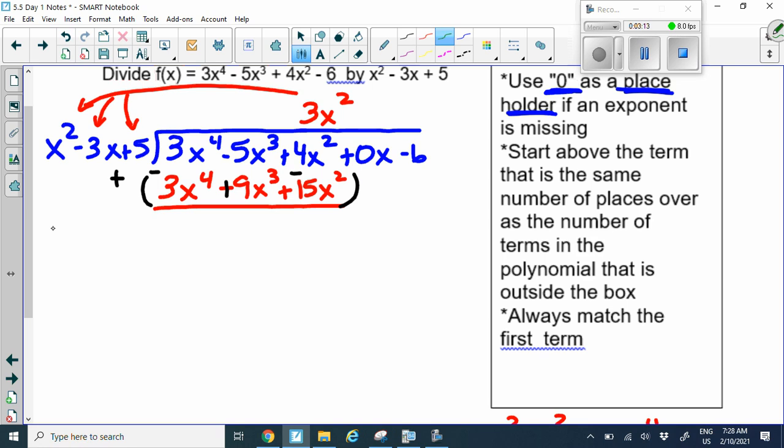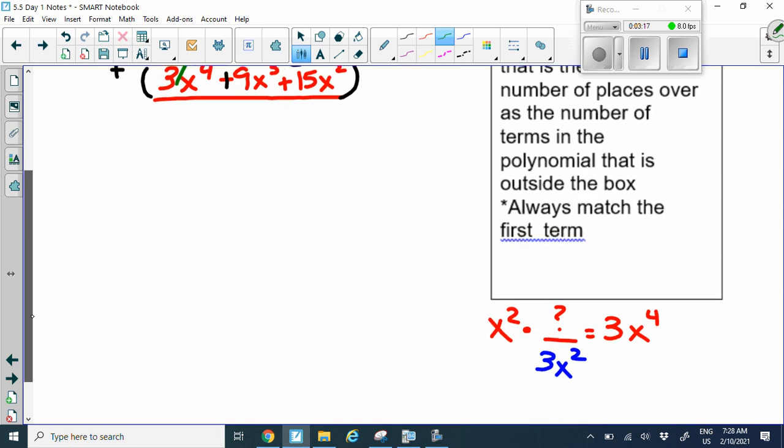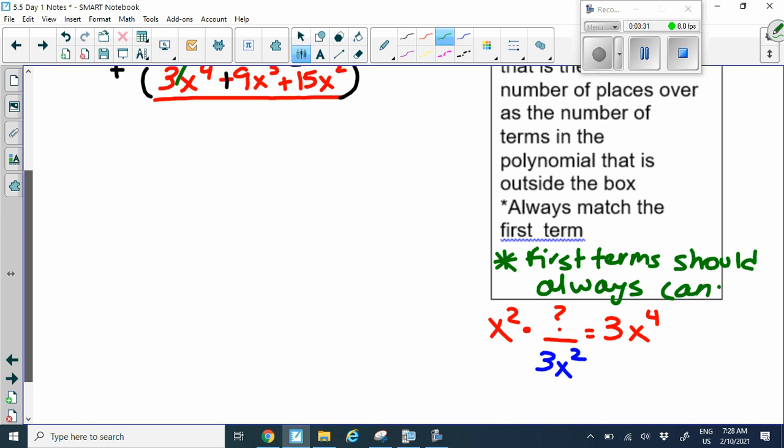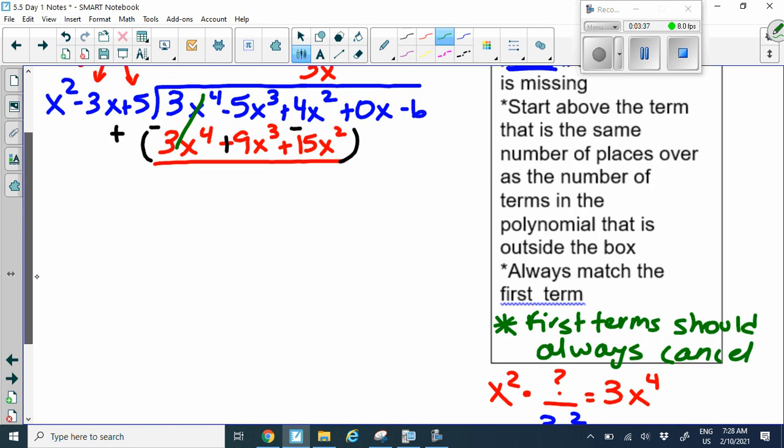Now, know that my first two terms should always cancel. So if you need to put that, first term should always cancel. Okay? So make sure you have that written down there.